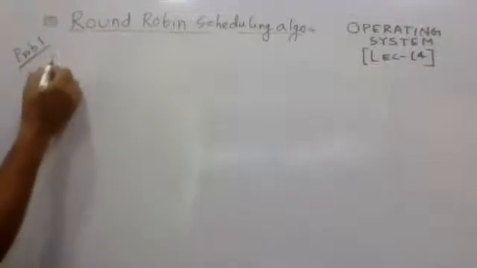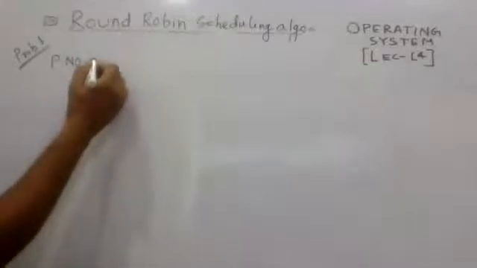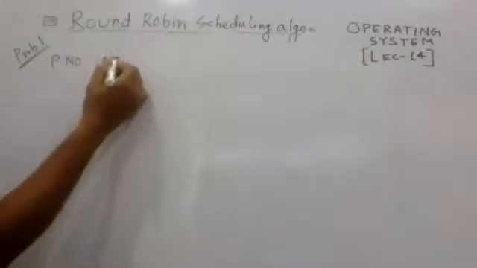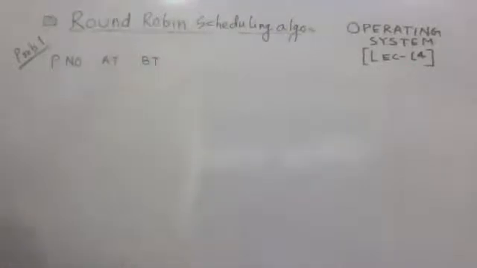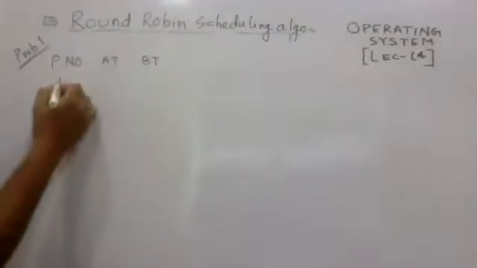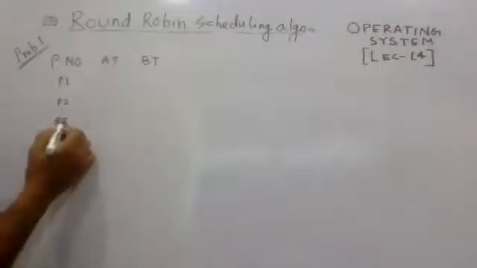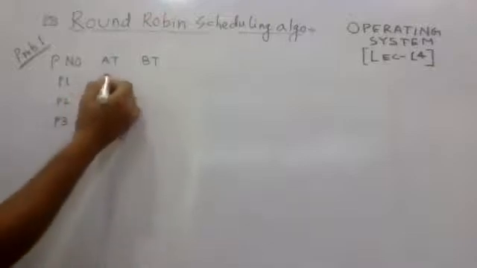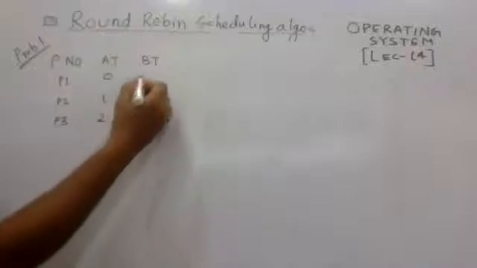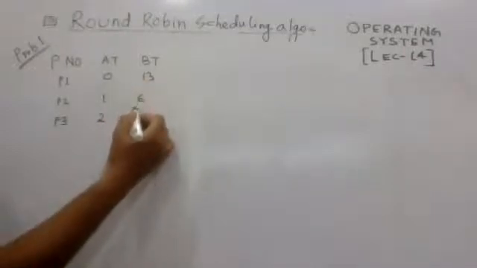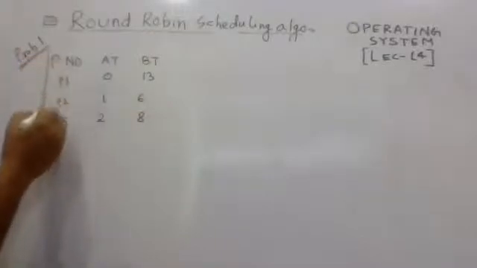Here given are process number, arrival time and burst time. We have 3 processes, P1, P2, P3. Arrival times given are 0, 1, 2. Burst times given are 13, 6, 8.